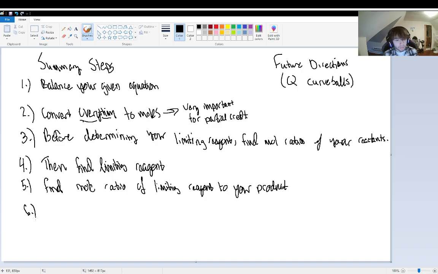And then find moles or grams of products.